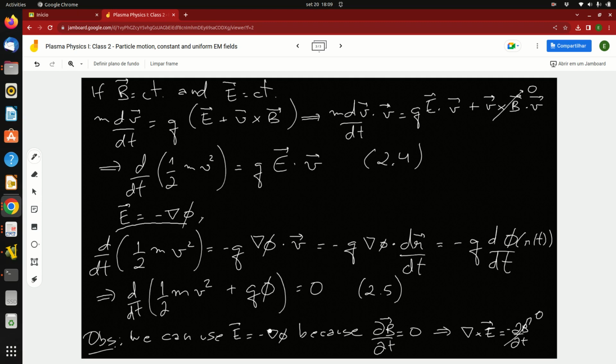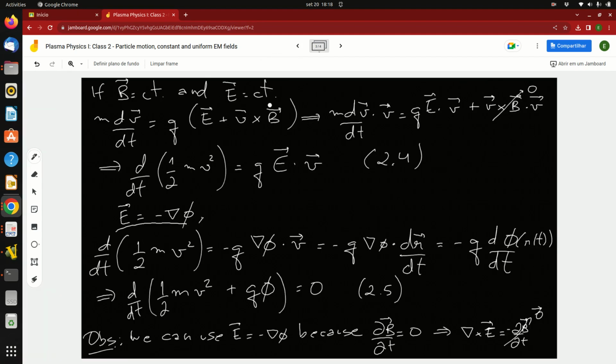With nabla phi, we have this situation because the curl of the gradient is always 0. So this is actually a null vector, right? So this is satisfied because we have a constant field, so the curl of E is equal to 0, so everything is consistent here.